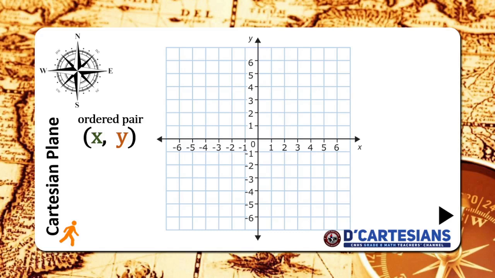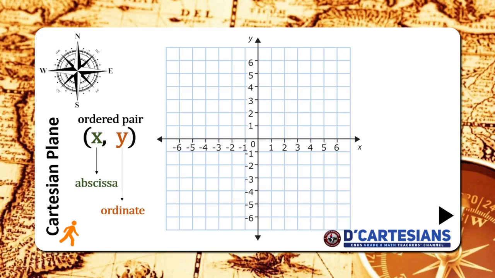And they are in order, meaning x comes before y. And let us give them their names. X is actually called the abscissa, while y is called the ordinate. We don't usually hear them being called abscissa and ordinate, but this is good info to know. Okay, we usually just call them the ordered pair xy.